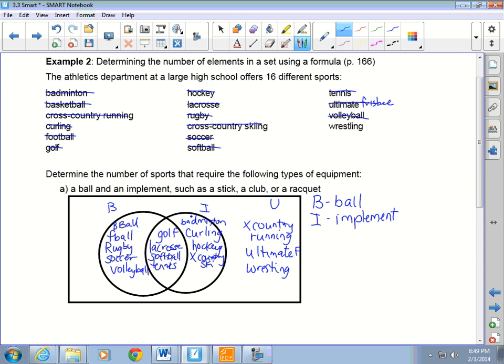So we set up our Venn diagram, and then we take a look at our elements for each. The number that require a ball was 1, 2, 3, 4, 5, 6, 7, 8, 9. The number of elements in the implement were 1, 2, 3, 4, 5, 6, 7, 8.